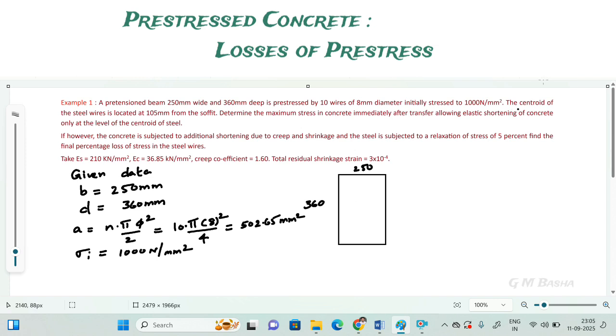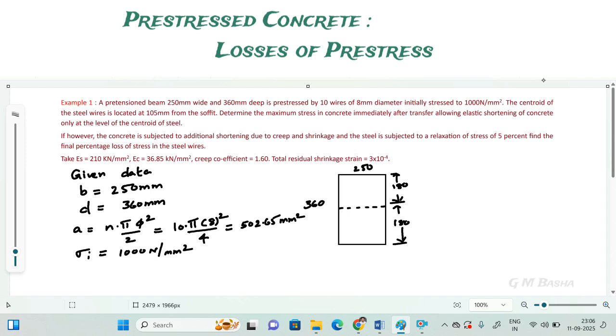The centroid of the steel wires is located at 105 mm from the soffit of the beam. First see the overall depth of the beam. The centroid will be located at 180 mm from top and 180 mm from bottom. Exactly the centroidal axis will be located at the center for the rectangular section.